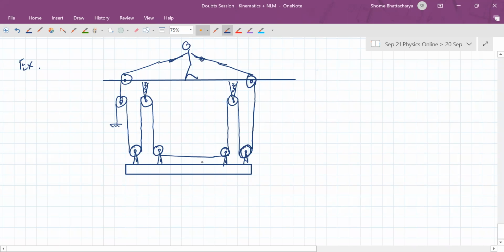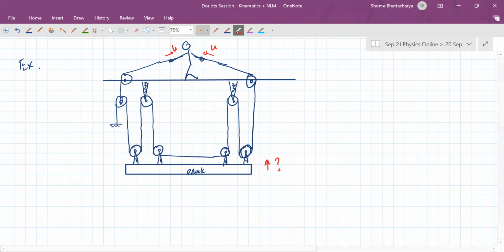Now the person above is pulling the rope on both the sides with a constant speed u. Then we have to find the speed of the block. So this rope also is pulling at u. This rope also is pulling at u. So we have to find the speed with which the block is going up.